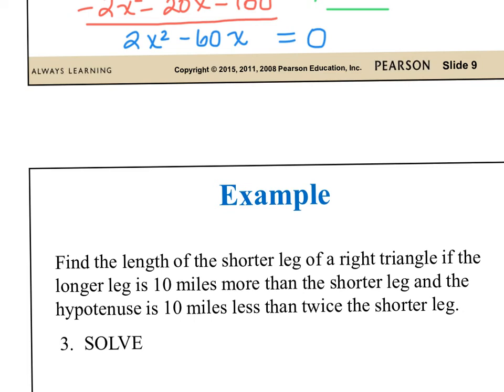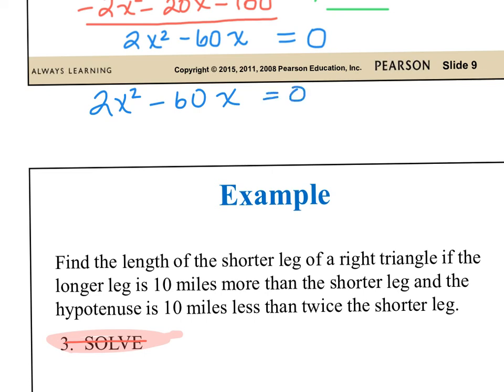And the next thing that we need to do is, as this slide here says, we need to solve. And so that's what we're going to do. And we're going to solve by factoring. So we have 2x squared minus 60x is equal to 0.